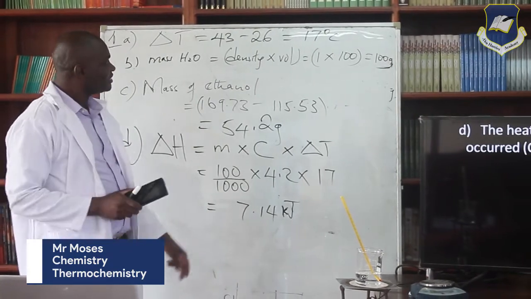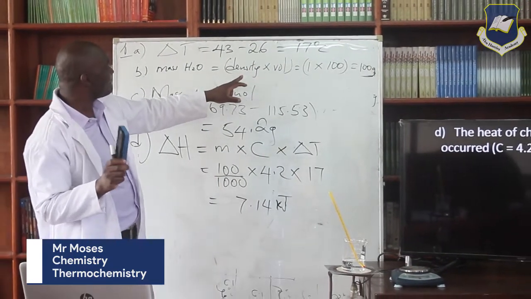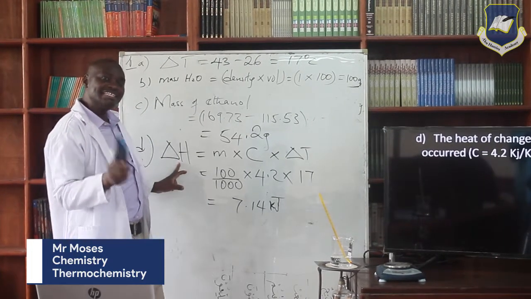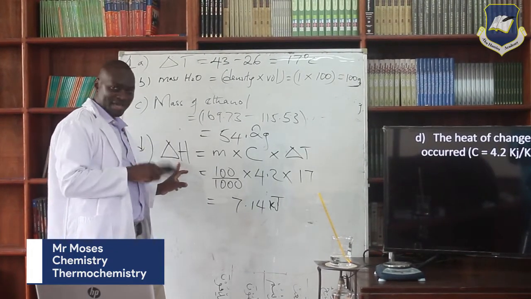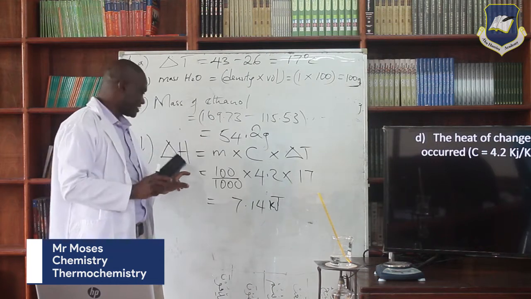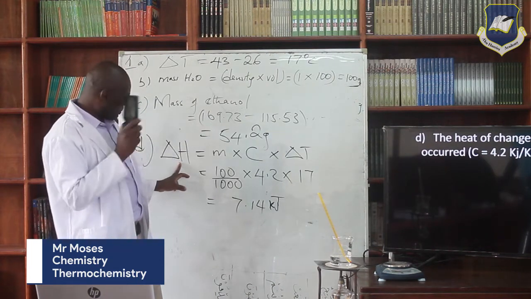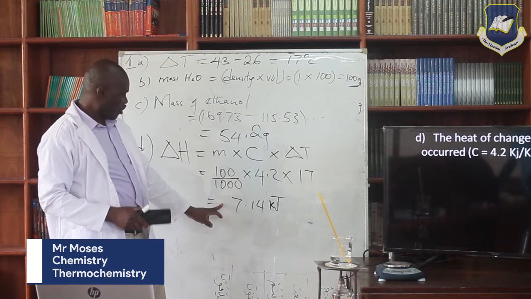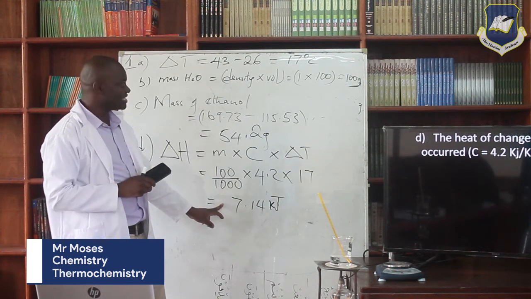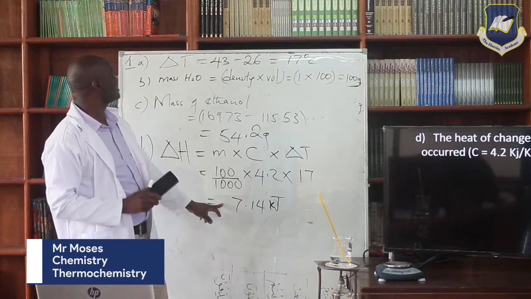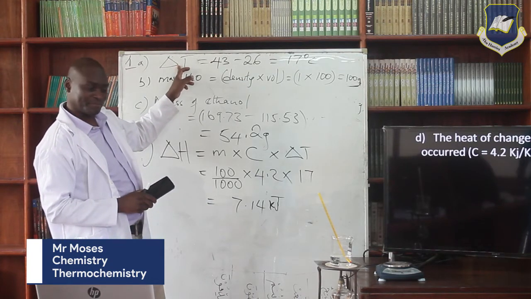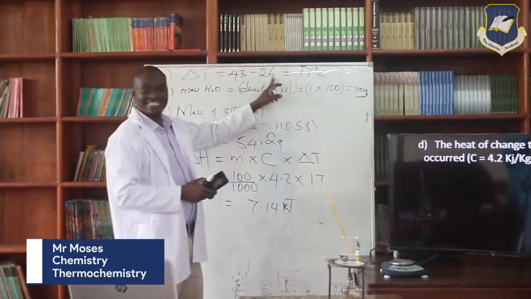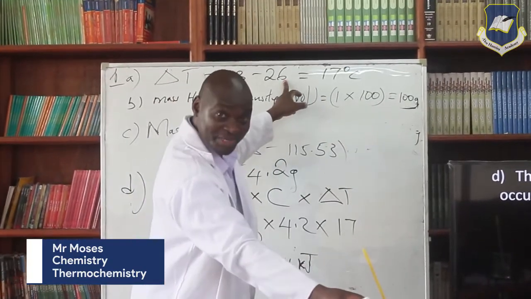Now, very important point here. Let us come back, because this change can either be exothermic or endothermic. And at this point, we must decide whether we are going to give it a negative for exothermic or a positive for endothermic. Now, for us to decide that, we come back to change in temperature. Remember, the temperature was 26 degrees. That's the original temperature of water.